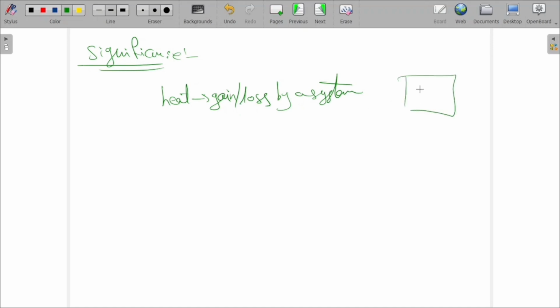Like we have taken A, B, C like this, so the total system. For example, from one body to another body, energy transfer takes place. One is gaining energy, the other is losing energy.